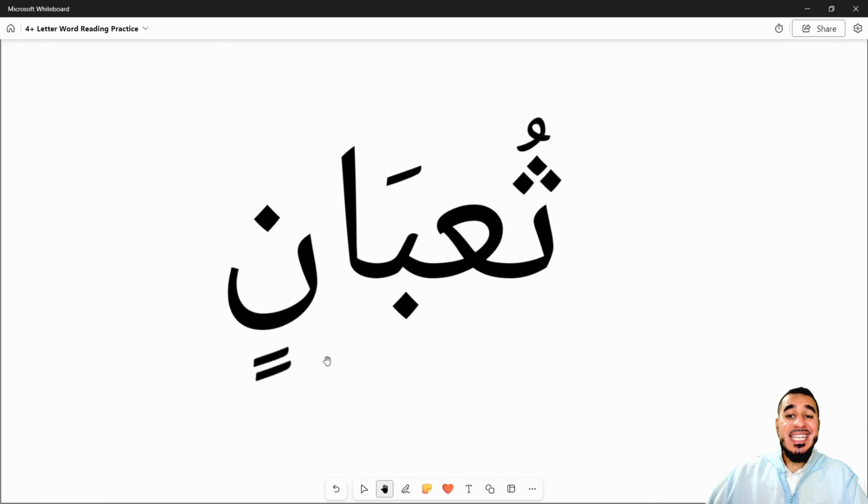So it's not just ni, but it makes the nin sound. Remember, any letter that has the tanween on it has that haraka sound. For example, the kasra sound, which is i, but with an n on the end, so, in. If it was the dhammatan, it would have the u sound with the n at the end, so, un.